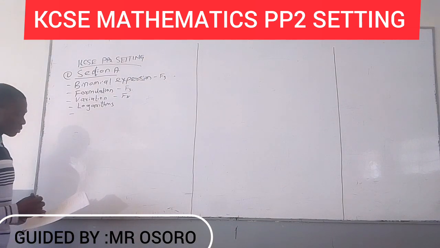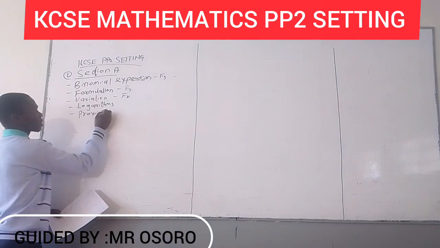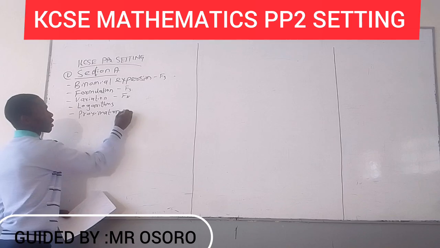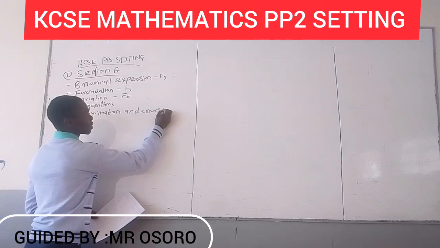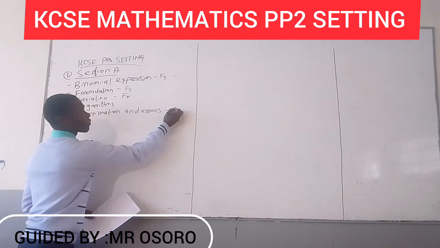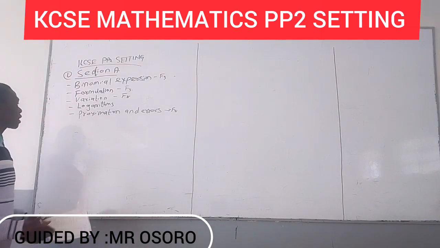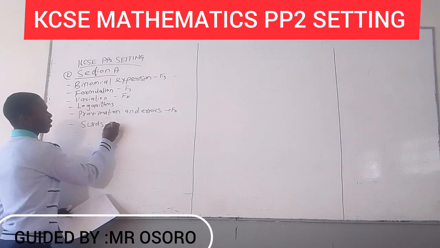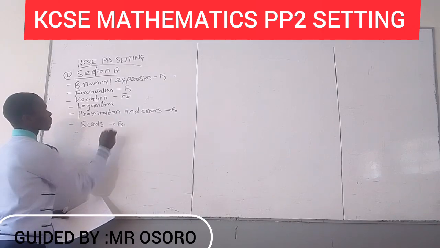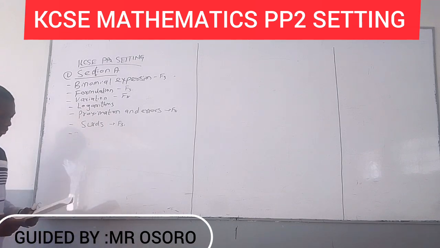Another topic is approximation and errors in Form 3. Another one is sets, in Form 3. So they form part of Section A.